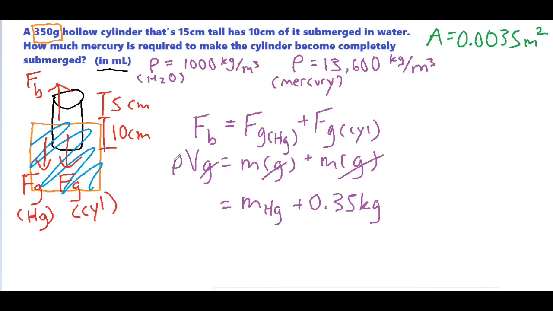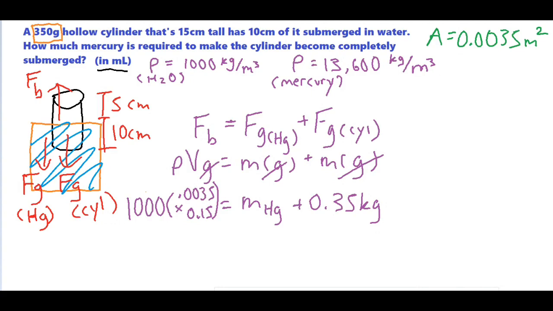And then over here, we have rho of 1,000 still, times our volume. And we didn't have our volume previously, but we do know volume is area 0.0035 times the height. Now the height is now the full 15 centimeters, now that we're saying that this is the portion of the problem where it's becoming submerged. So 15 divided by 100 is 0.15 meters.